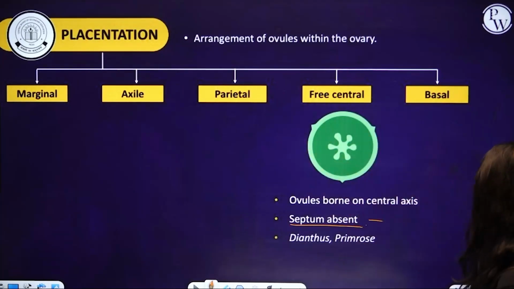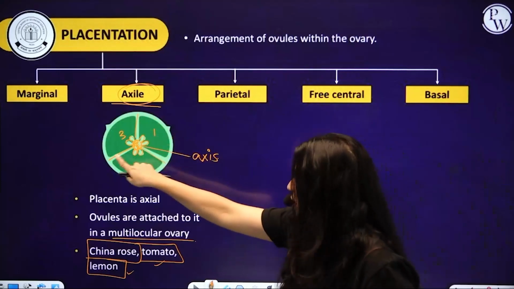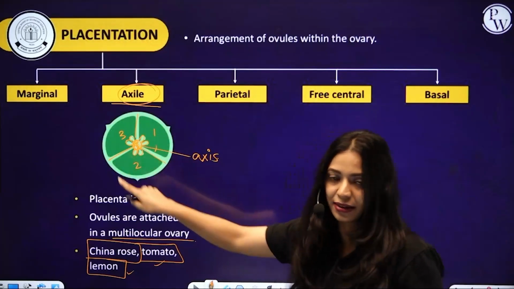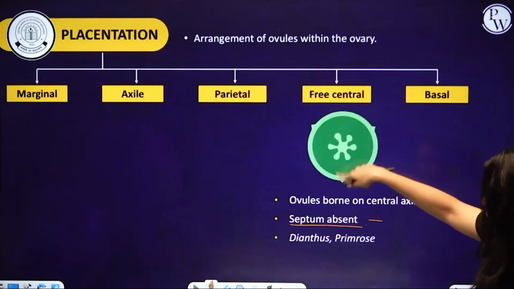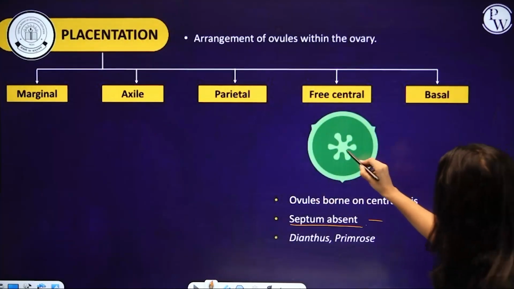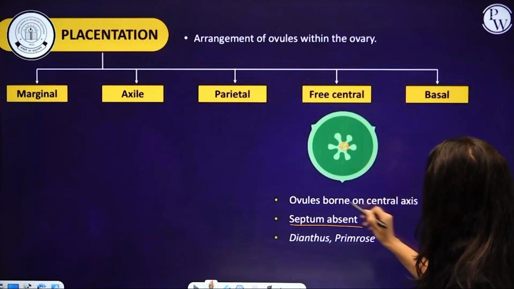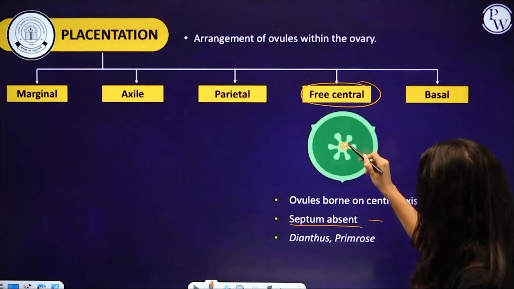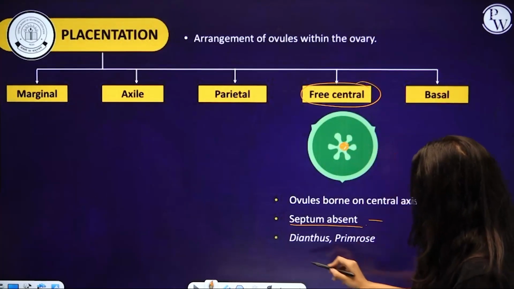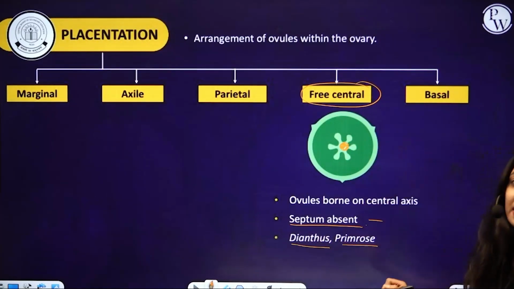In axile, lemon, we saw septa was present, ovules are arranged in the center. Over here, septa are absent, ovules are borne on a central axis, but there are no septa. So that is why it is called free central. Okay, this can be seen in dianthus and primrose. These are the examples for free central placentation.